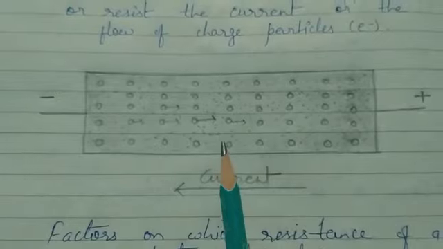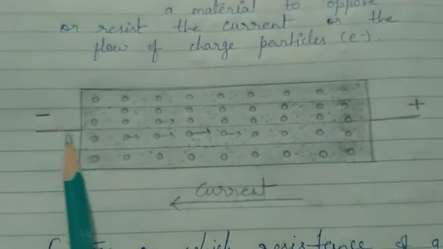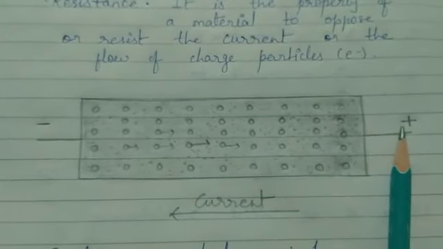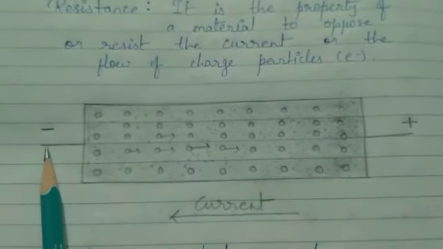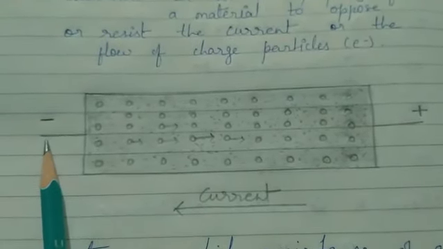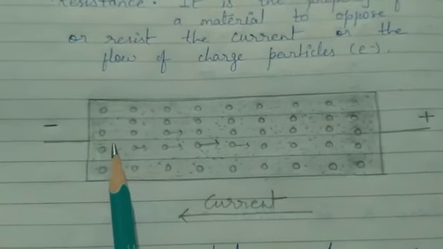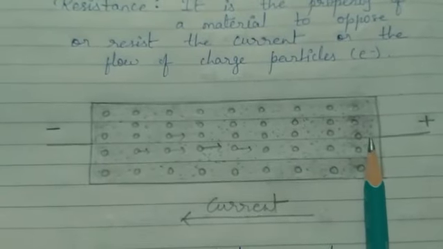So here in this diagram you can see one conductor. At the ends of the conductor we have applied a potential difference. This is the positive terminal, this is the negative terminal, and that's why a potential difference appears here. Because of that, the electrons will start moving from the negative to the positive terminal.